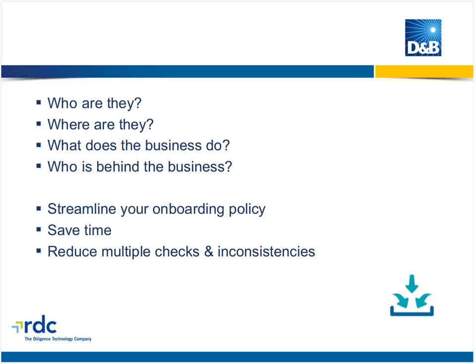If you look under the surface, many of the risk assessment checks required as part of an AML policy will have already been carried out or could be carried out by your credit management teams, whether they are customer or supplier side. Questions such as who are they, where are they, what business do they do, who is behind the business, are asked in many different departments in many different policies.